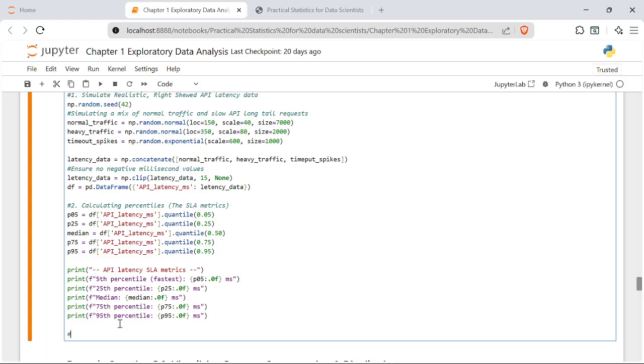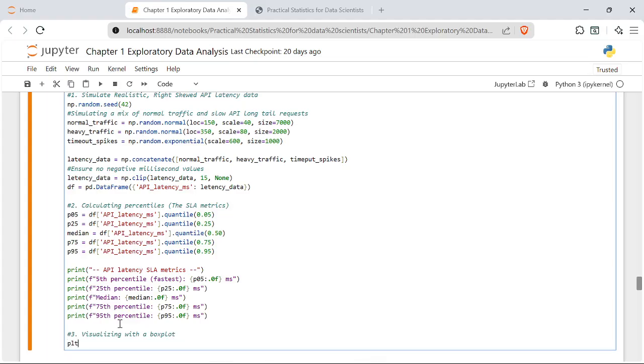So 3, visualizing with a box plot. plt.figure(figsize equals 10, 5).